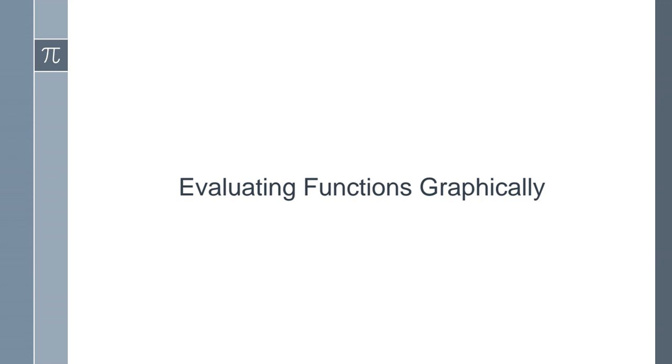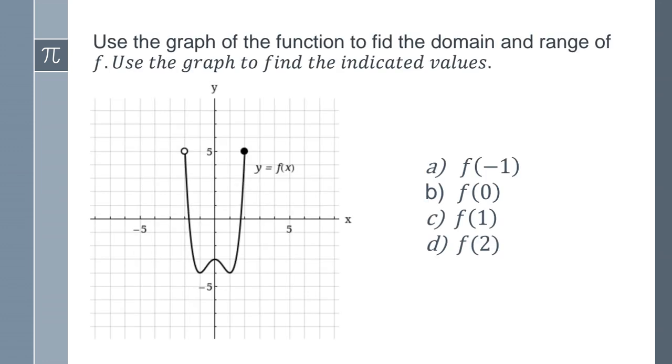Okay, so now we have a graph here, and it's a weird looking graph. Again, let's first analyze this graph a little bit. At this point here, you see my y value is 5, and to the left of it, I have an open circle.